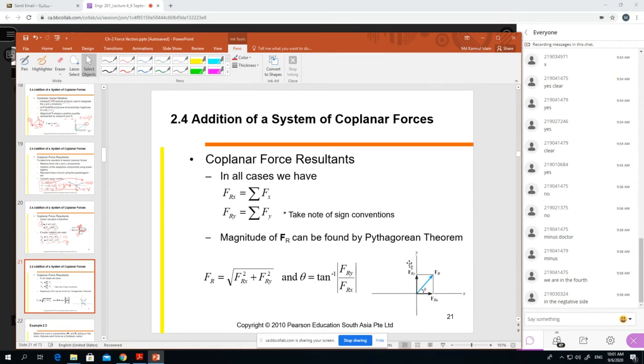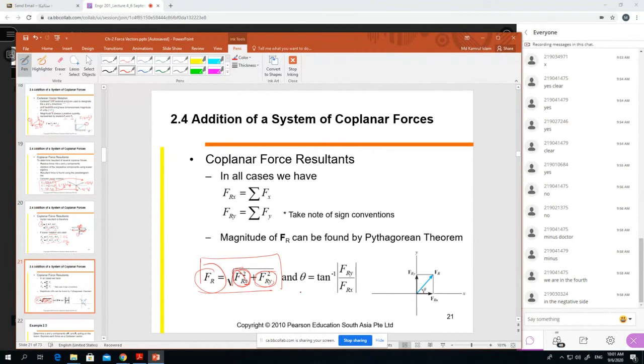And then with the summation of Fx and Fy, the resultant is like this: the horizontal resultant squared plus the vertical resultant squared, and then the square root. We can find the resultant force.